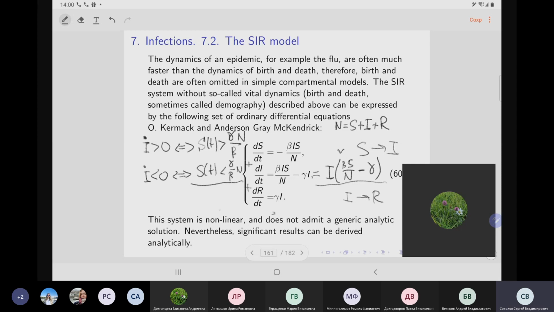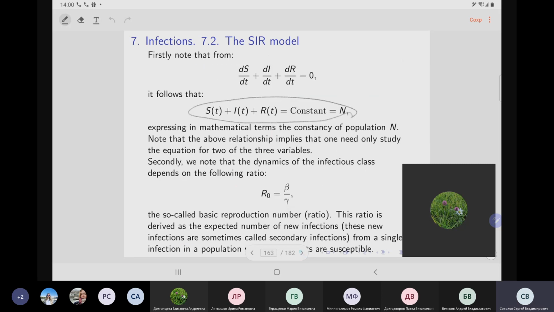So on the left we see S dot plus I dot plus R dot. On the right we see 0. So when we integrate it, we get this formula. So the sum of susceptible, infected, and recovered is a constant.